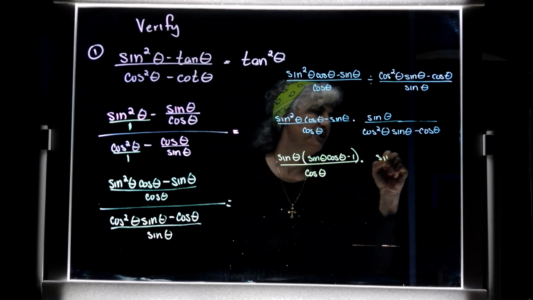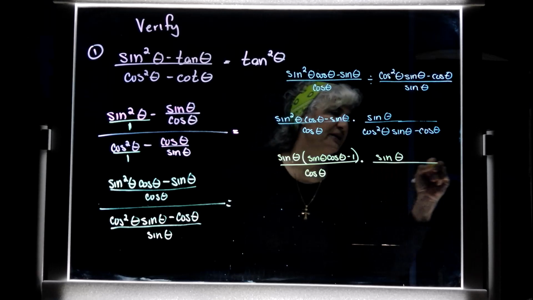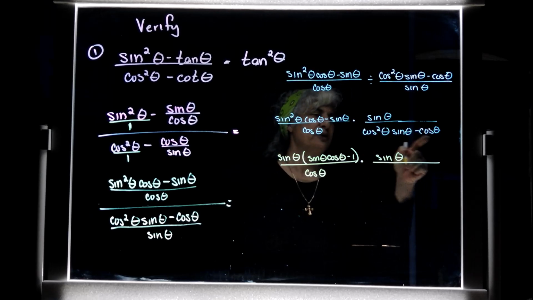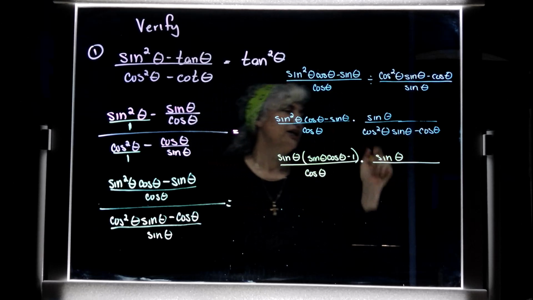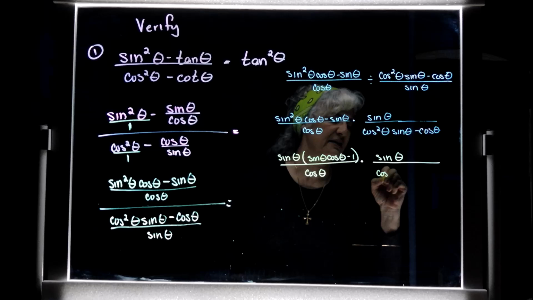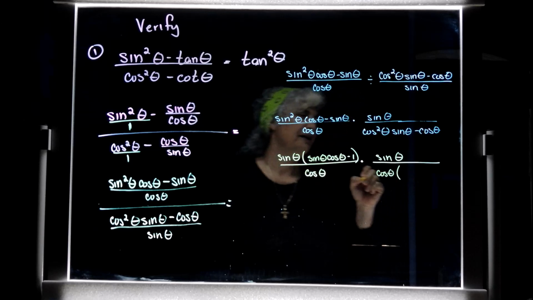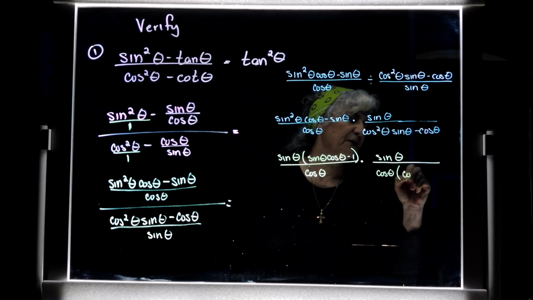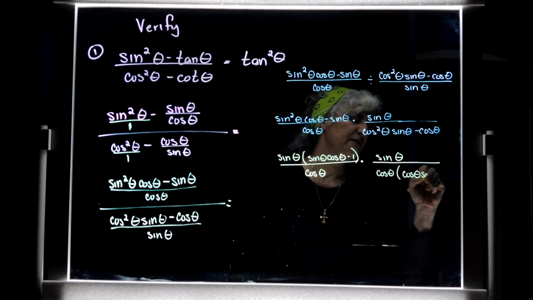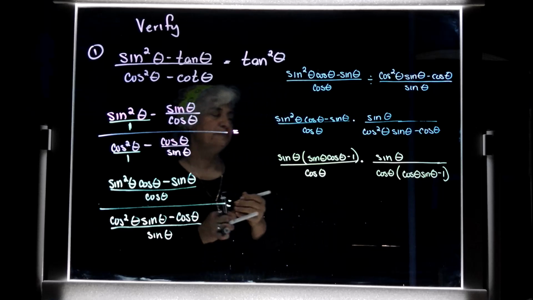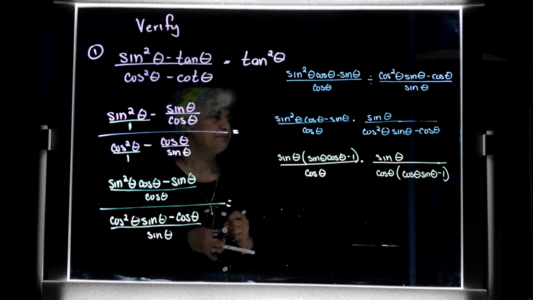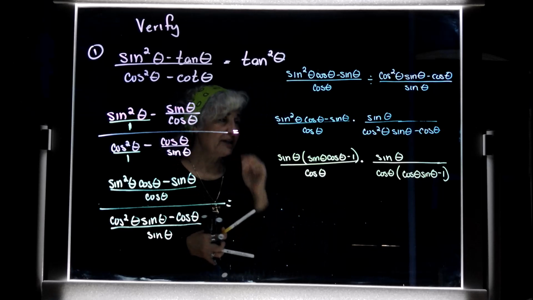And over here in the denominator, if I factor out, do you notice they both have, like the first term has a cosine in it, and so does the second term? So if I factor out a cosine, then I've got cosine theta times sine theta minus 1, don't I? Do you agree? Okay.